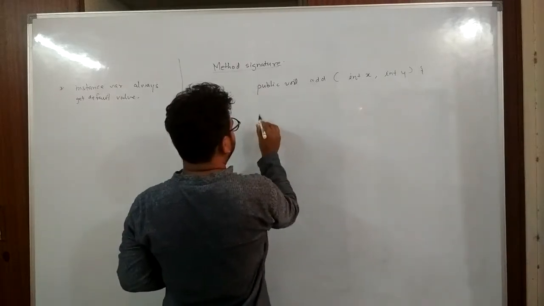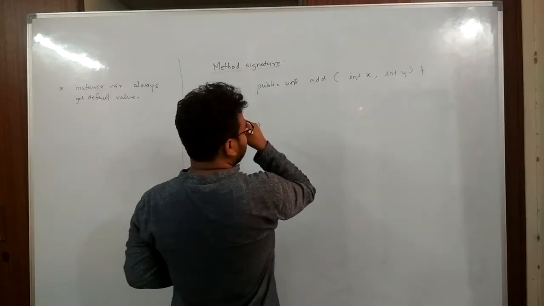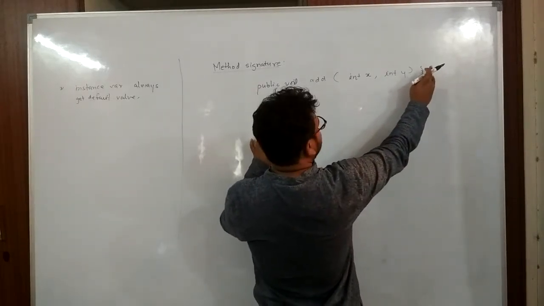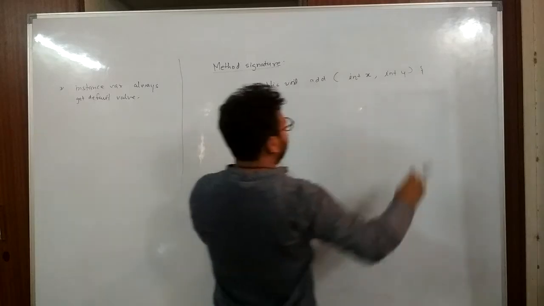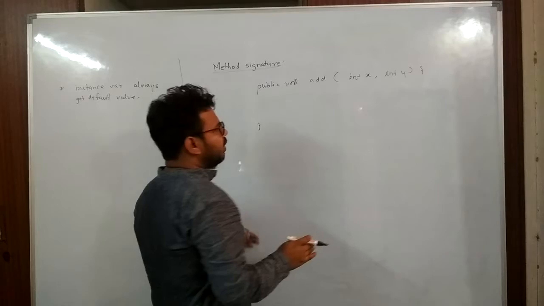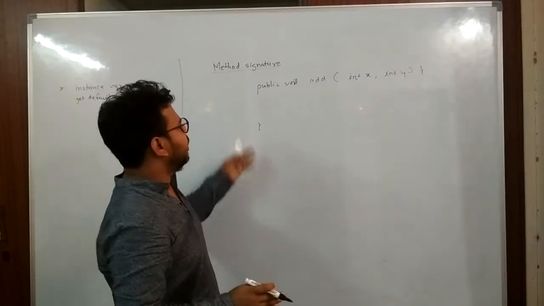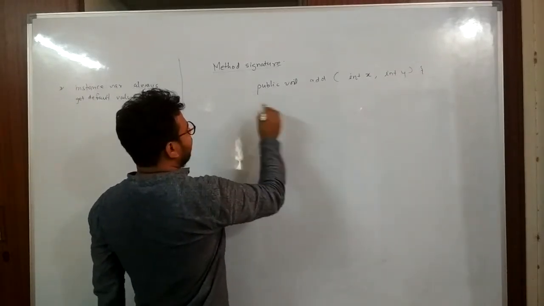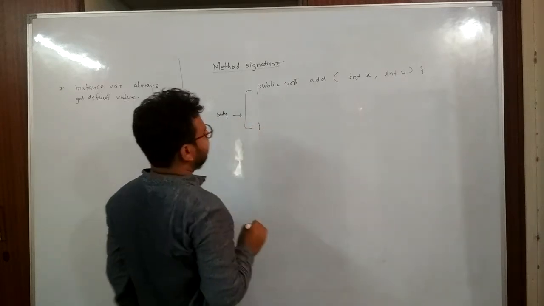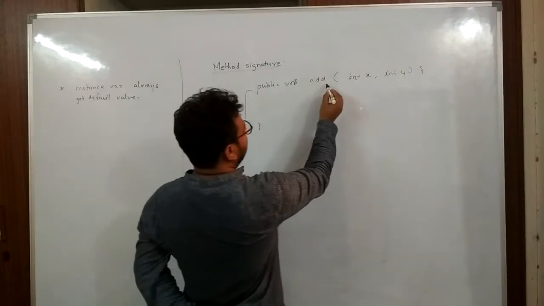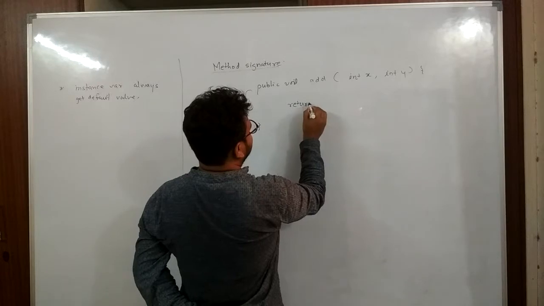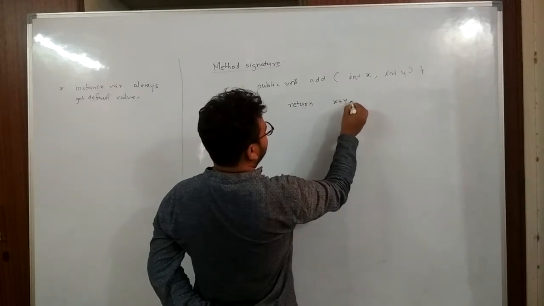All the code between the curly braces is called the body of the method. So from this curly brace to this curly brace is the body of the method. Suppose this method is returning x plus y.